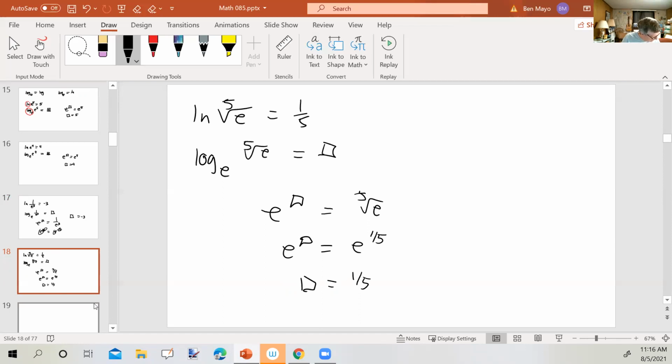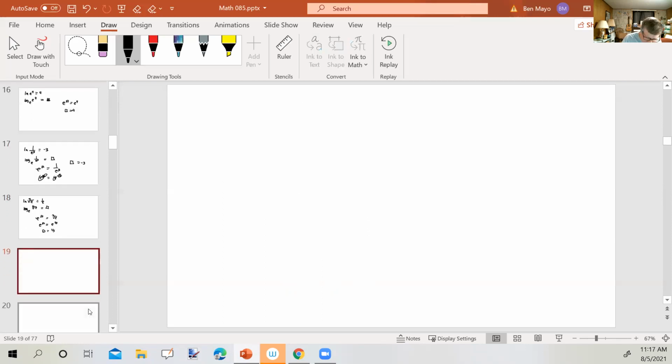Okay. Now it says to use a calculator to evaluate each expression. Let's find the natural log of 0.675. Now be careful. A little while ago when I was graphing y equals e to the x, I was using the second function key of ln. Now I'm just actually finding the natural log. So I'm going to push the button and it says this.